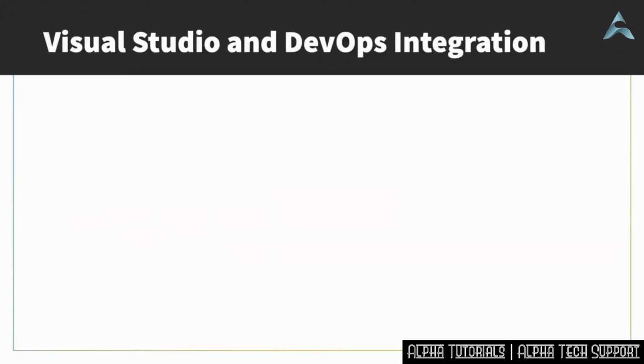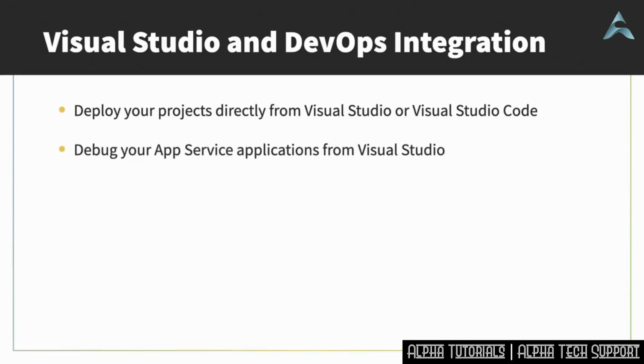That Visual Studio and DevOps integration that I was talking about. So as you can see here, I can just deploy projects directly from Visual Studio or Visual Studio Code. There is that integration. You have your project there, just deploy it directly. Of course, let's be honest, I don't want you to do it that way. I'm sure you don't want to do it that way.